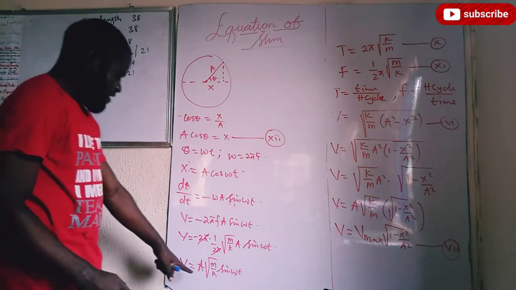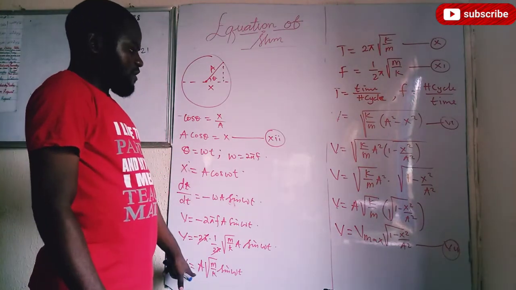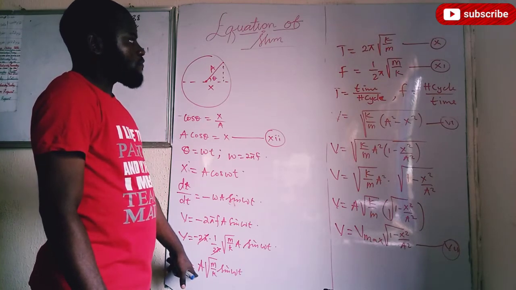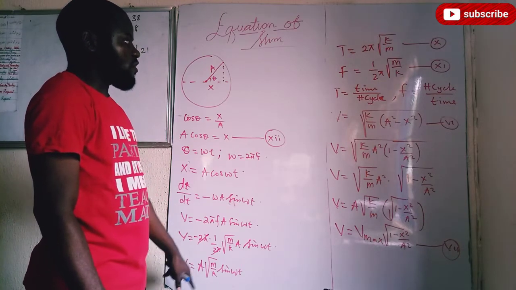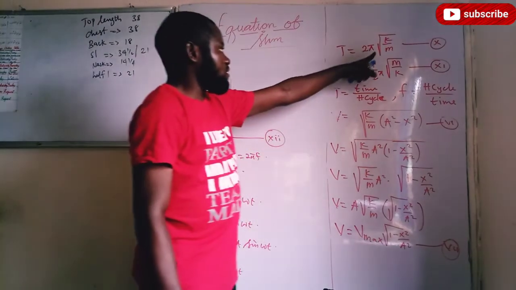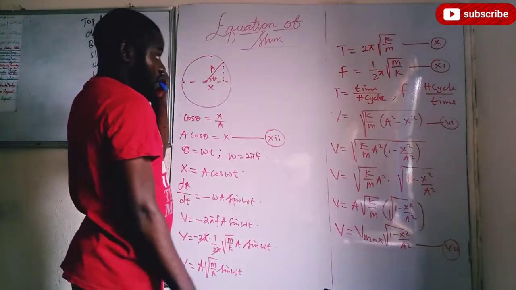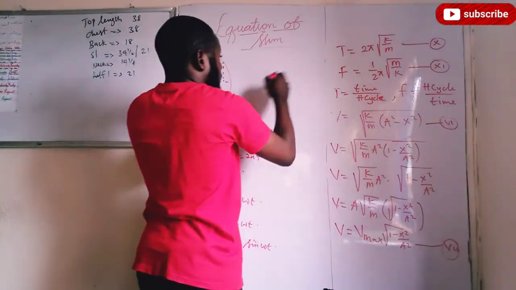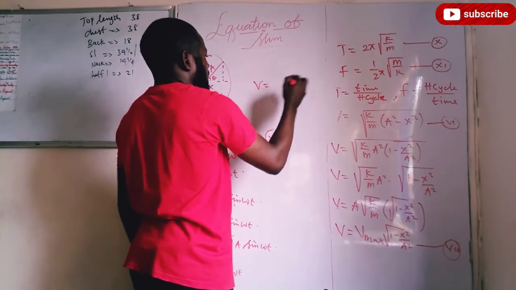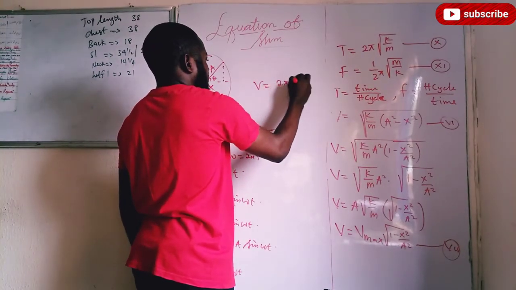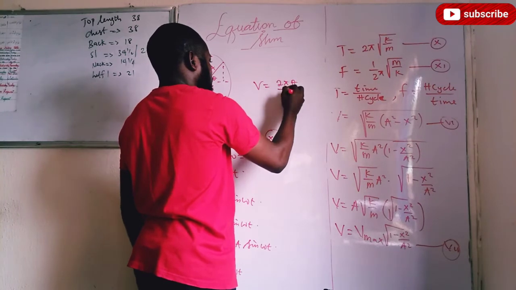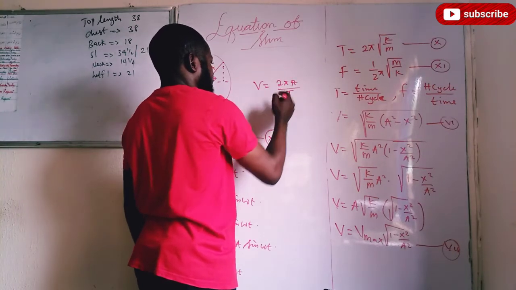So if I have this, I think something is wrong somewhere. Okay, let's go back to this equation and see what we've done wrong there. We have that v is equivalent to 2 pi A divided by the period of oscillation.